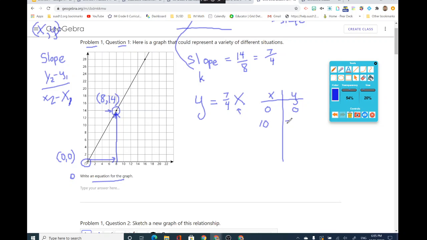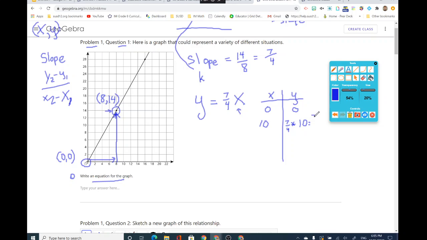Okay, let me write it down for you. 7/4 times, that's not an x, that's a multiplication, so I'm going to use an asterisk instead of an x. When you start getting into algebra, multiplication signs are confusing. Don't use x's anymore. Anyhow, 7/4 times 10. Do this on your piece of paper as well.